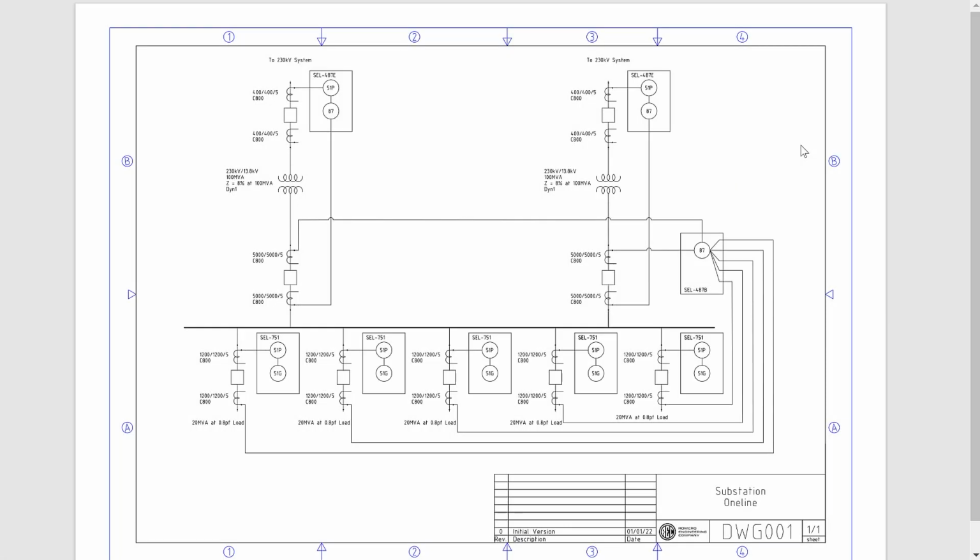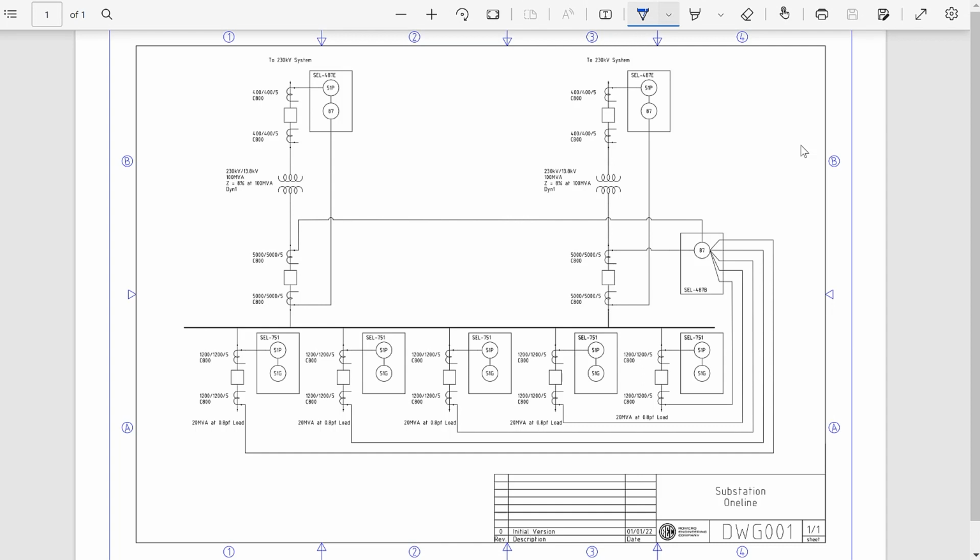Alright, so what I have over here is an example substation that we're going to be using to illustrate how we can perform a transformer differential protection scheme. For this example, we have a 230 kV to 13.8 kV substation. So here you have, let's say, two transmission lines that feed into the substation. This would be a transmission line, and this over here would also be a transmission line.